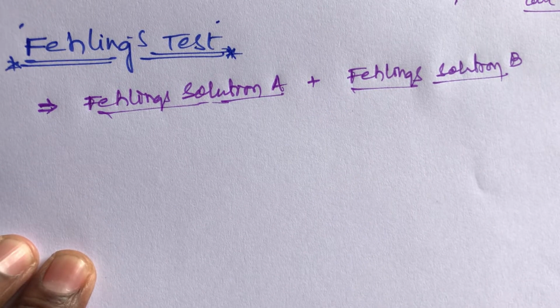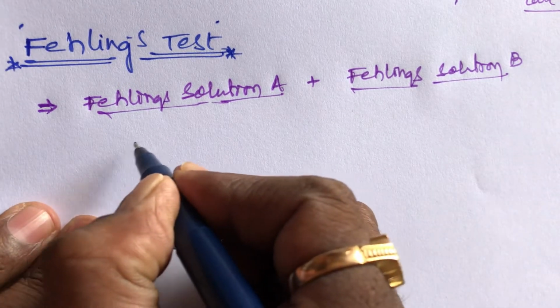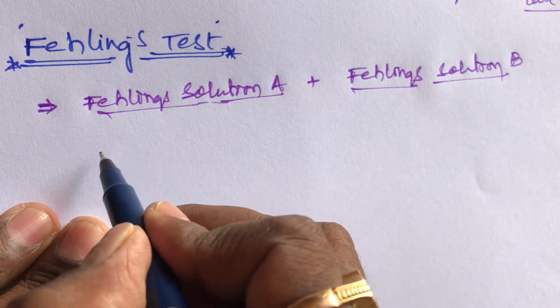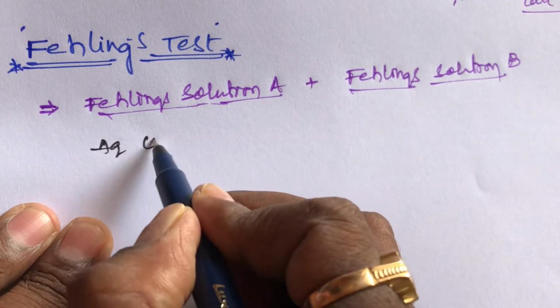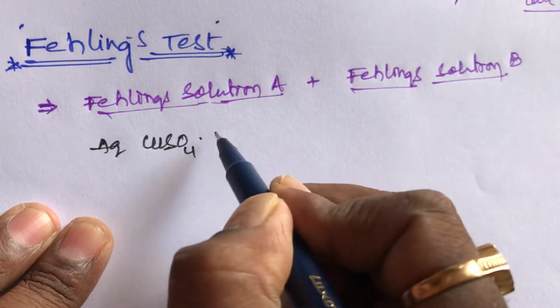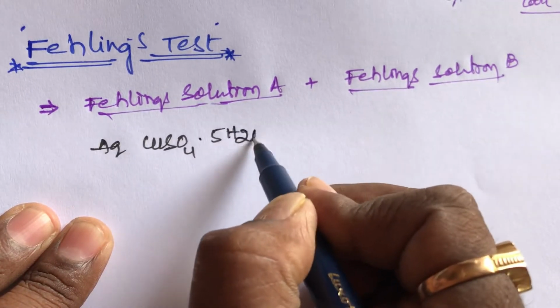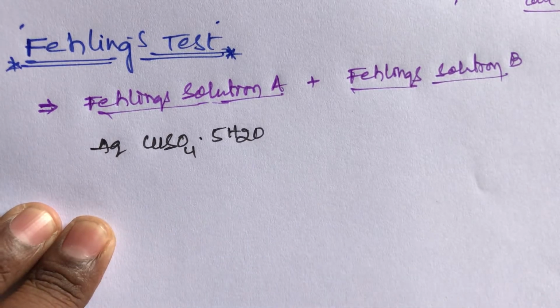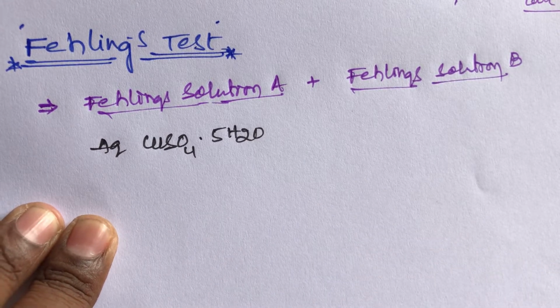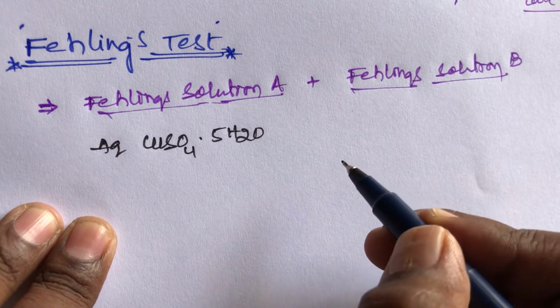That is aqueous copper sulfate, CuSO4.5H2O, and Fehling's solution B is sodium potassium tartrate.